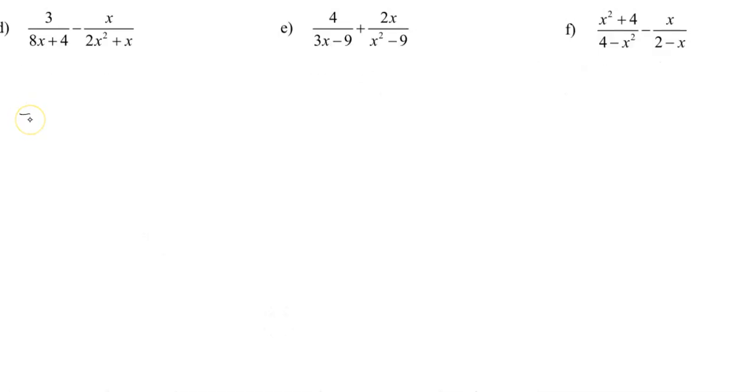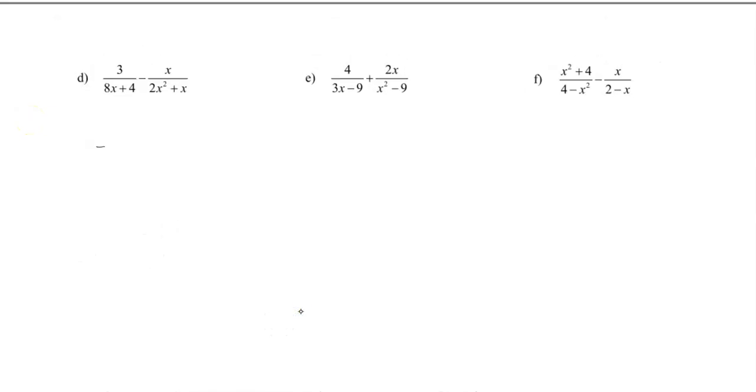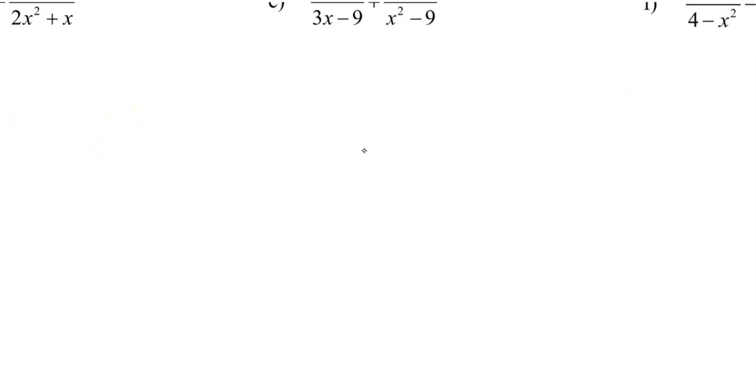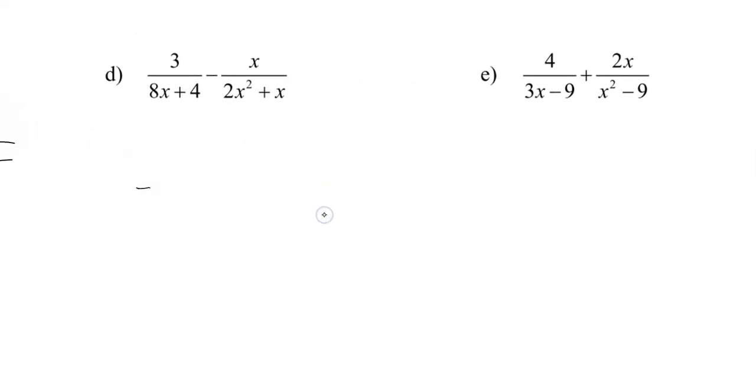So this is 3, and this will be a 4 at 2x plus 1 minus x, and x is the common, and we get 2x plus 1.